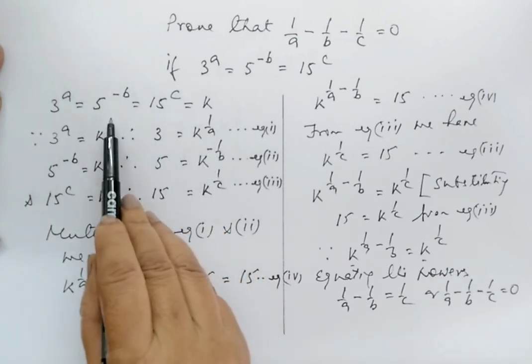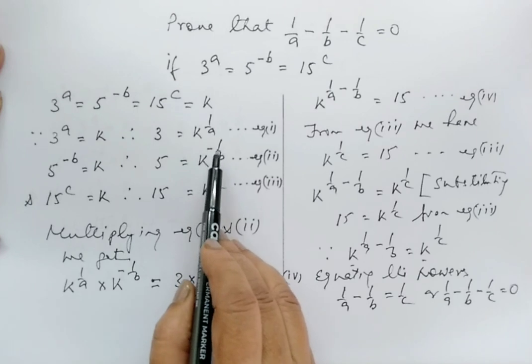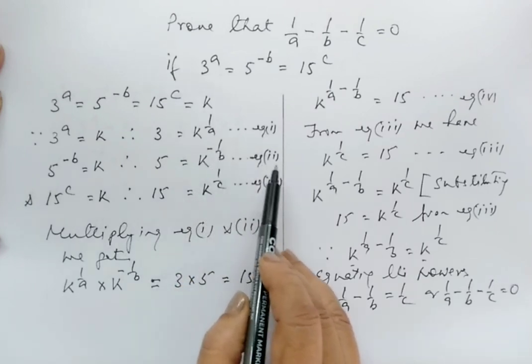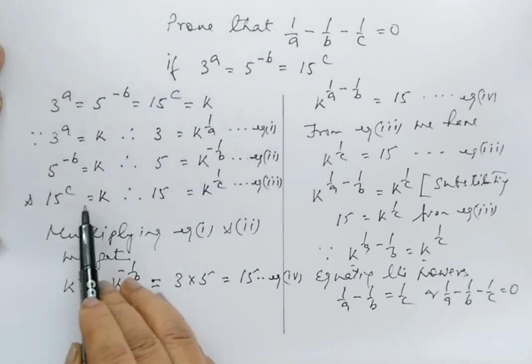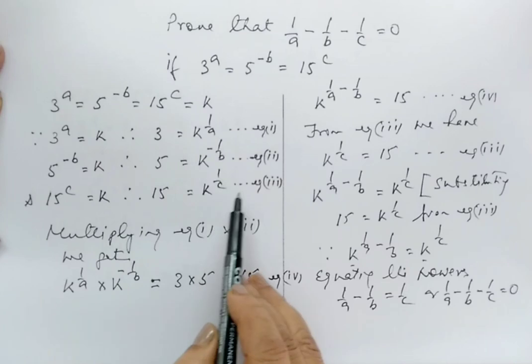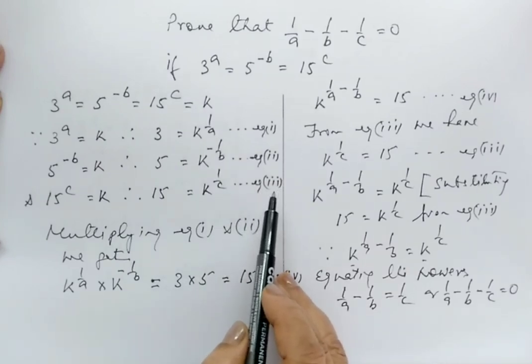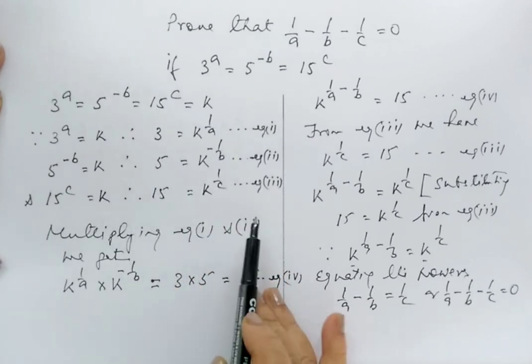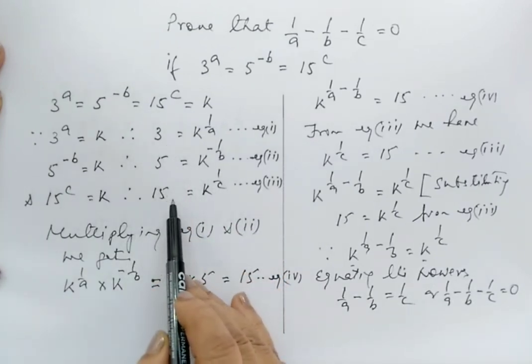The same thing we do for this: it is equal to k to the power 1 by b, and this we call equation 2. The same thing here, 15 is equal to k to the power 1 by c, equation 3. Now, what seems more probable to me is that 5 into 3 is 15.